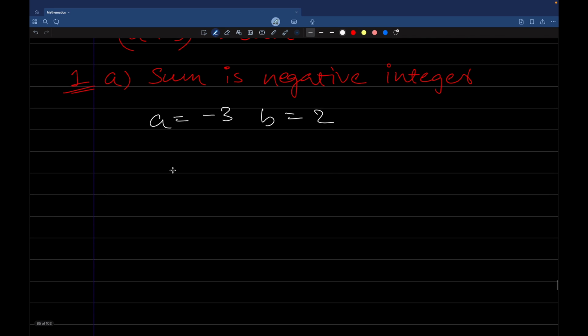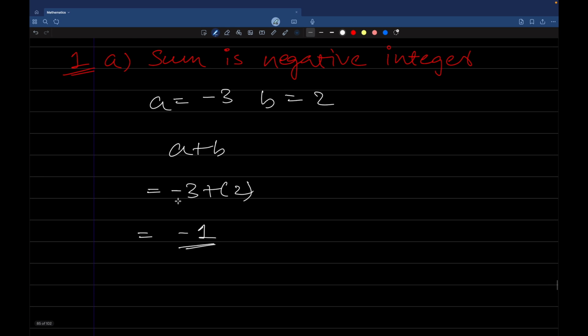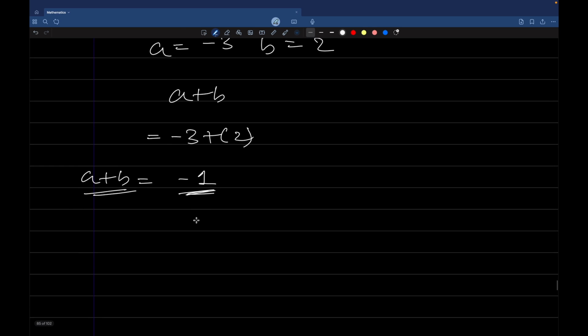We have the sum a plus b equals minus 3 plus 2, that is equal to minus 1. We have discussed addition and subtraction in detail in lecture number 1. You can go and watch. In this question we got the sum a plus b negative, as asked.